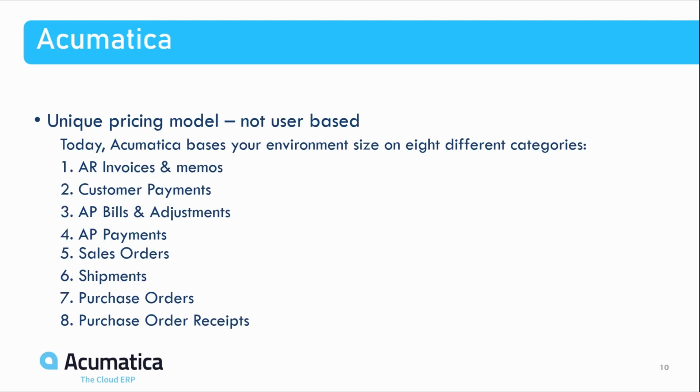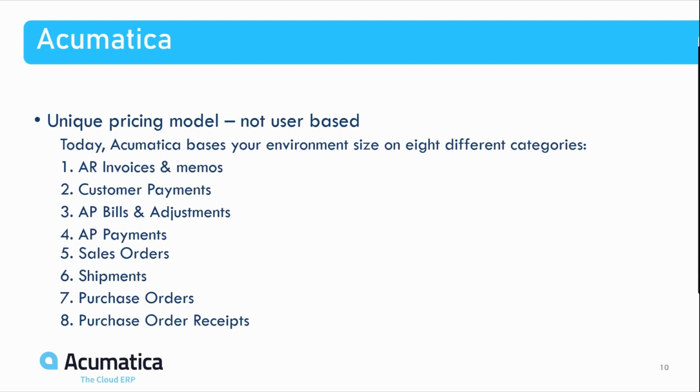And there's a bunch of different levels or sizes of each edition. And there's a bunch of editions. There's a general edition, a professional services edition, a distribution edition, a manufacturing edition, a construction edition. And within that, there's e-commerce. There's a bunch of different sizes for each one of those editions.